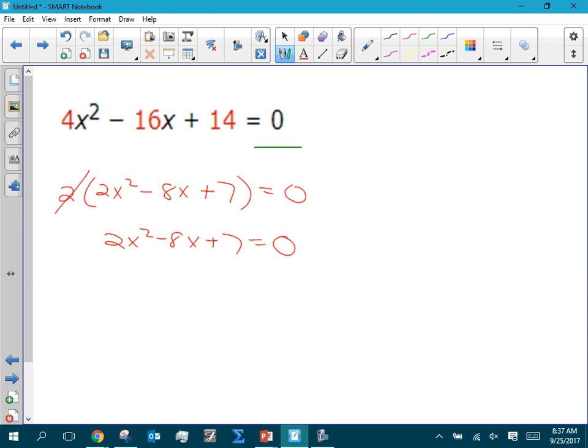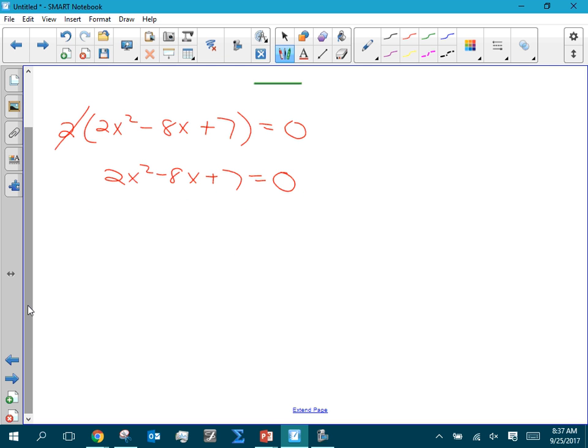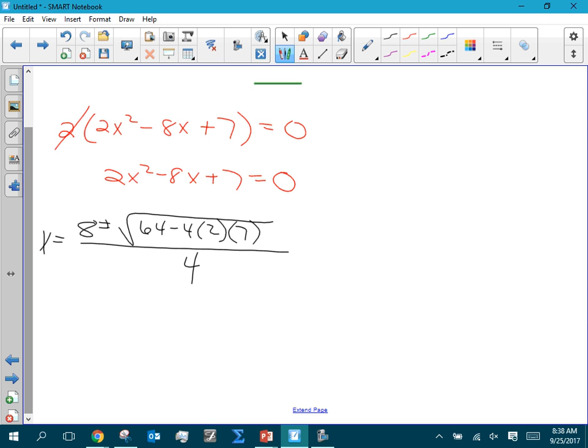But now we can go ahead and, if you're going to use the quadratic formula, we're going to go the opposite of b, so 8 plus or minus the square root of b squared minus 4ac all over 2a. And remember, that's what x is now equal to. All right? So evaluate that. We got 56 here.